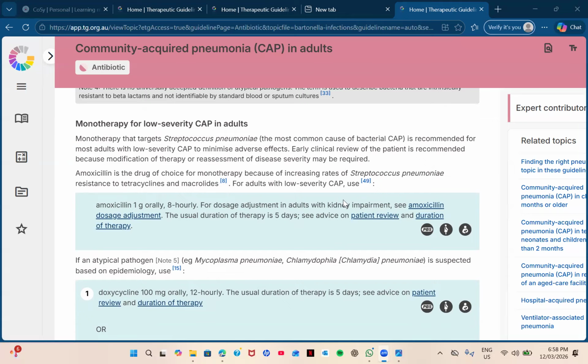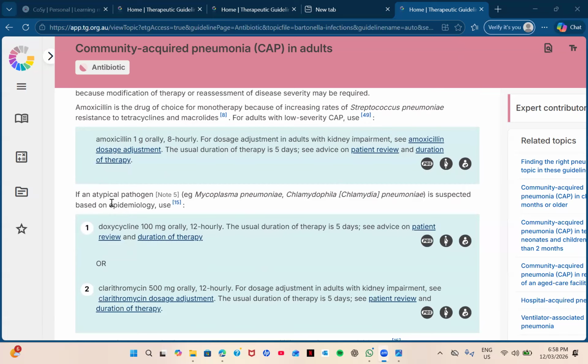For adults with low severity community acquired pneumonia, the treatment choice is what? Amoxicillin, right? Amoxicillin as monotherapy, if the patient is not atypical. So you all know the treatment for atypical pathogens, right?